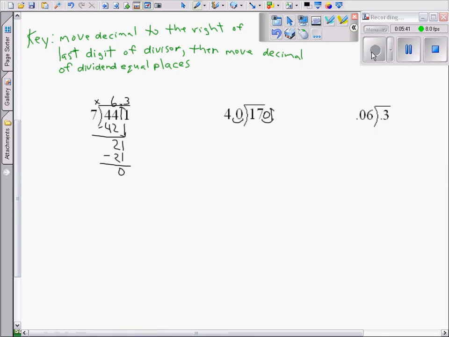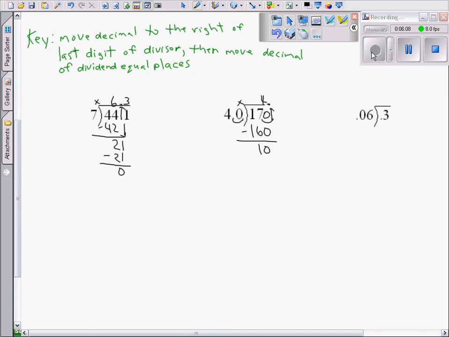Move the decimal point up. How many times can 107 be divided by 40? 4. 4 times 40 is 160. We then subtract 160 from 170.